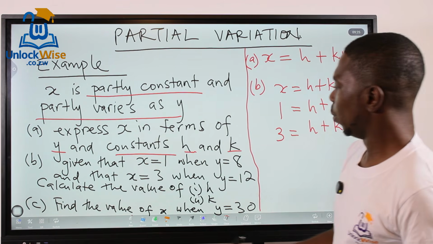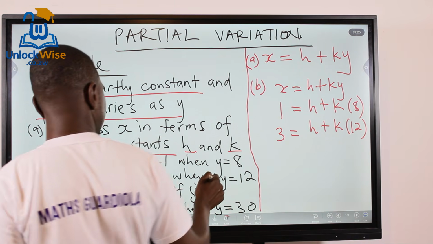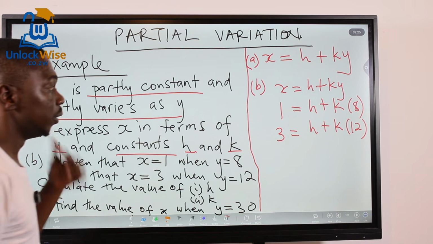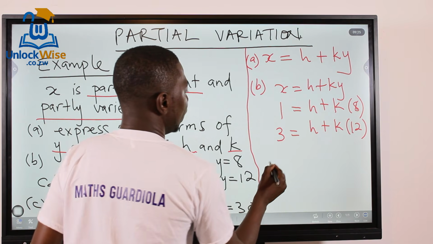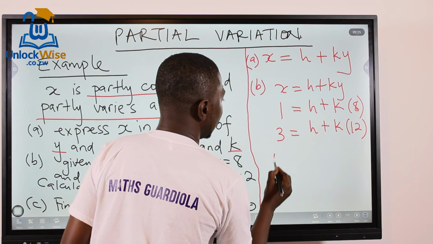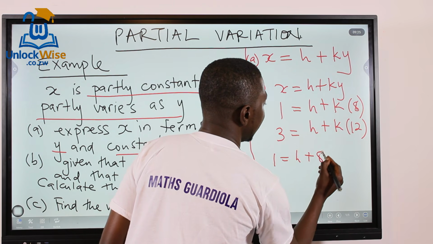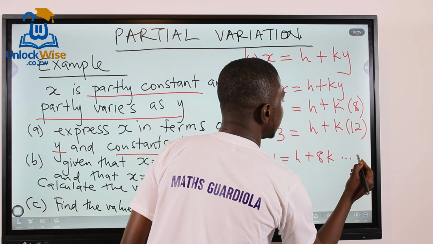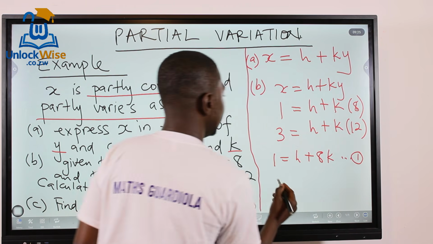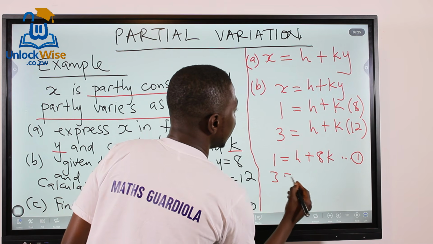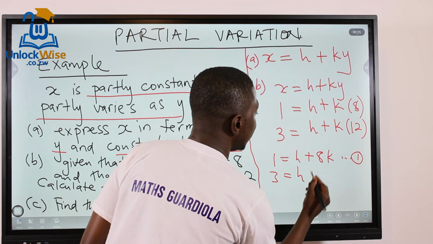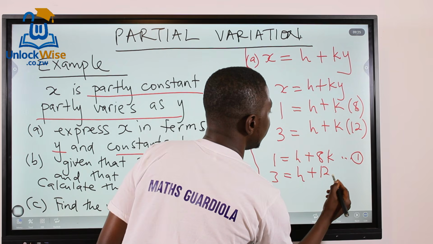So we want to calculate the value of h and the value of k. We are going to have 1 equals h plus 8k, I will call this equation 1, and then 3 equals h plus 12k.